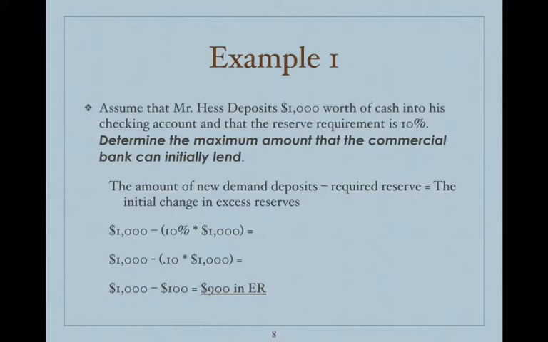Determine the maximum amount that the commercial bank can initially lend. Okay, so we want to figure out how much the bank can initially lend out from my $1,000 deposit. So we're going to take $1,000 minus 10% of the $1,000, because that's what's required to be kept. So $1,000 minus $100 would give me $900 in excess reserves.